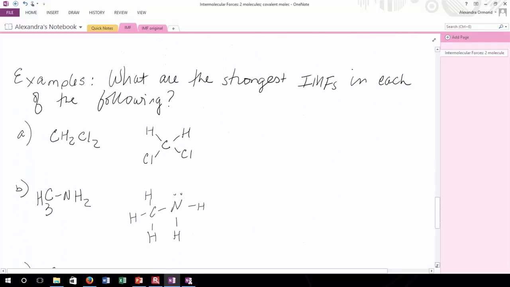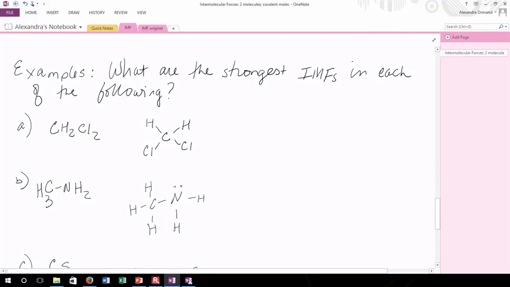Let's look at some examples of what are the strongest IMFs in each of the following. The first one is methylene chloride. If you draw the Lewis structure, it looks like this, where you have your chlorine ends, then your H's, and who is more electronegative?